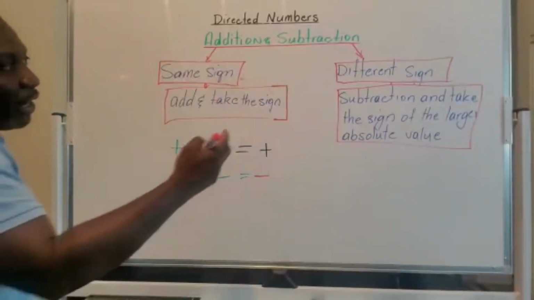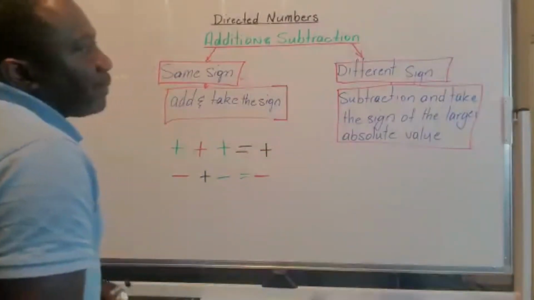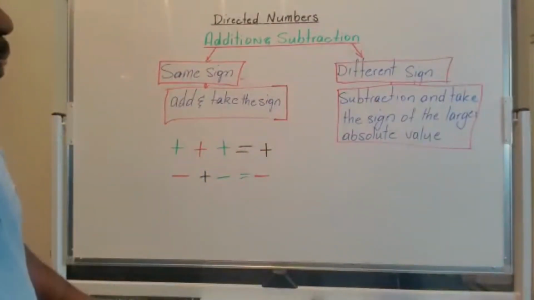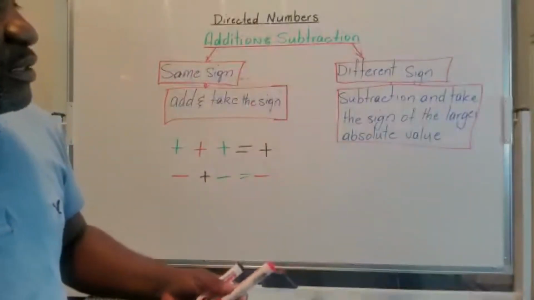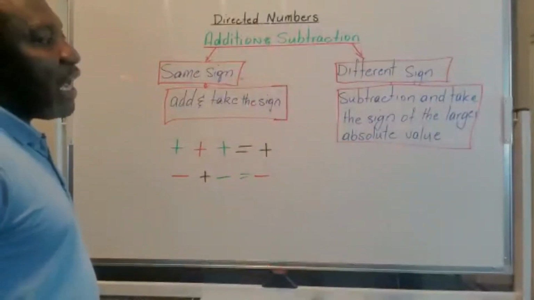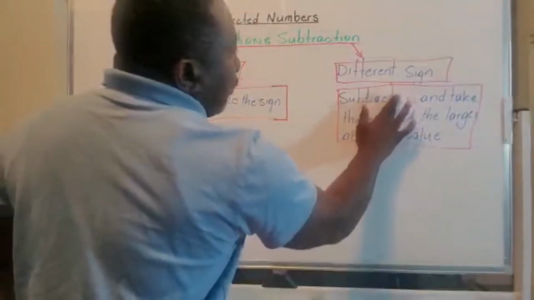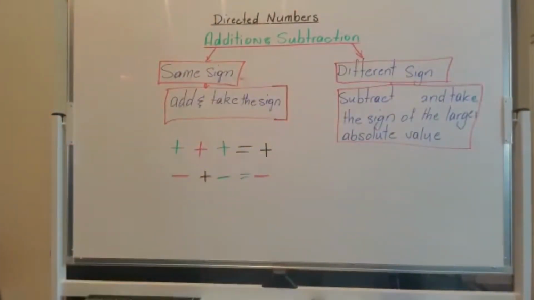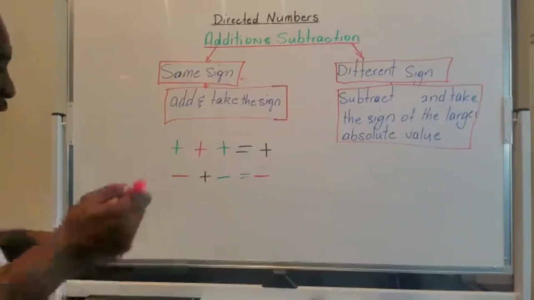Now, on the other side where it says different signs, subtraction, it said that we are to subtract and take the sign of the absolute value. So this should really be subtract. Subtract and take the sign of the larger absolute value.